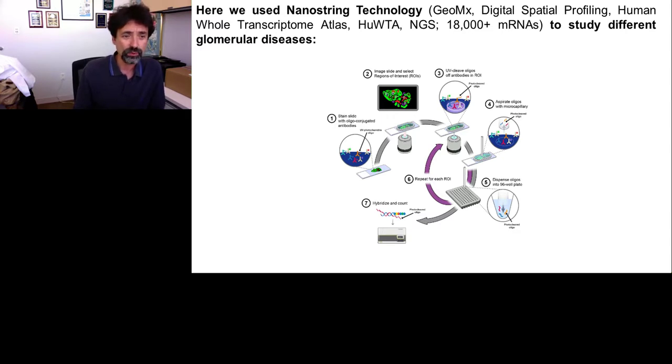And the way it works is by staining the biopsy, the renal biopsy, with antibodies that have oligos conjugated to these antibodies. Then the biopsy is analyzed, and we can define the regions of interest where we want to understand the transcriptional phenotype.